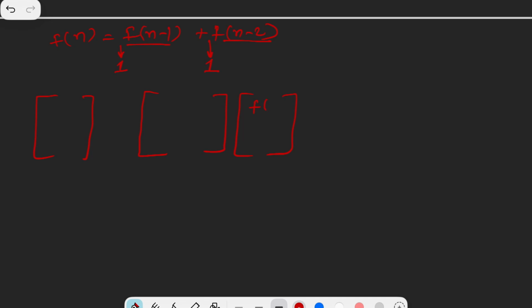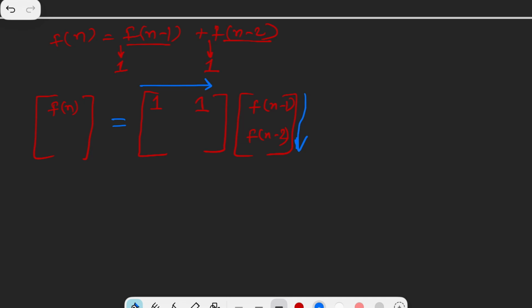I am going to write those two here: f of n minus 1, f of n minus 2. And what I want to compute, f of n. I will write those coefficients here as well: 1, 1. In matrix multiplication, you multiply this with this, so you get the f of n, no problem.